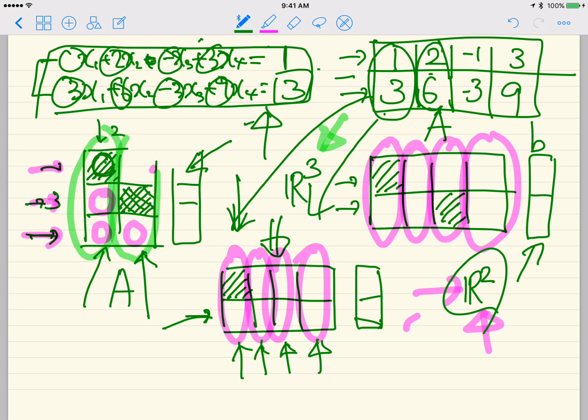In this case, we have 4 variables x1, x2, x3, x4, and the variable that has a pivot, which we call a basic variable, is only x1. And x2, x3, and x4 are all free variables because in those columns we do not see any pivots, right? So we have a free variable, and thus we have infinitely many solutions.